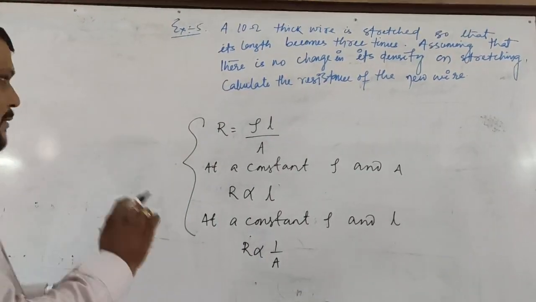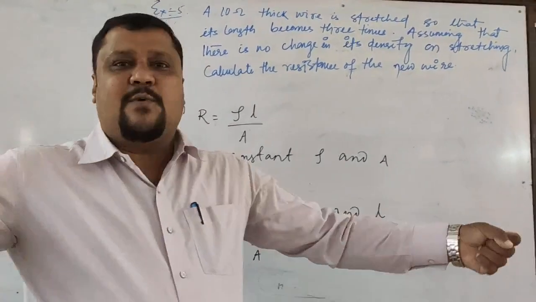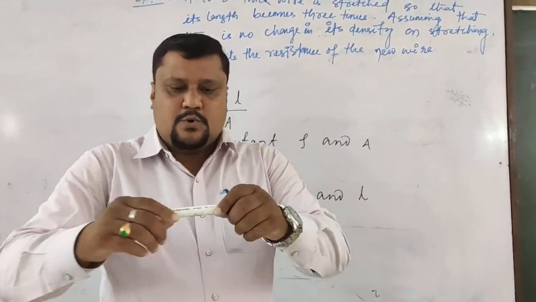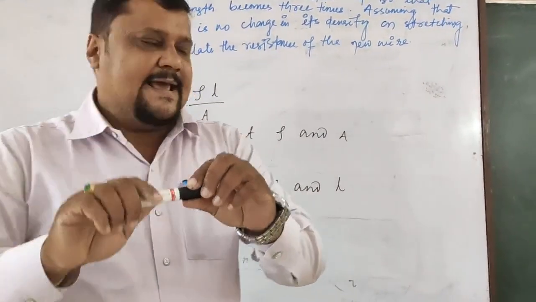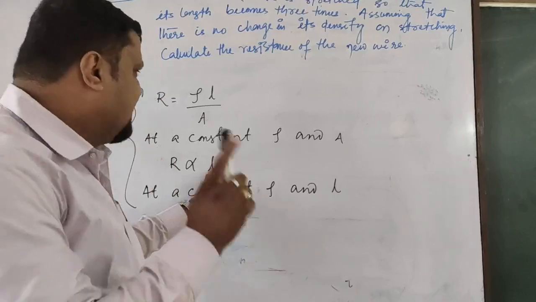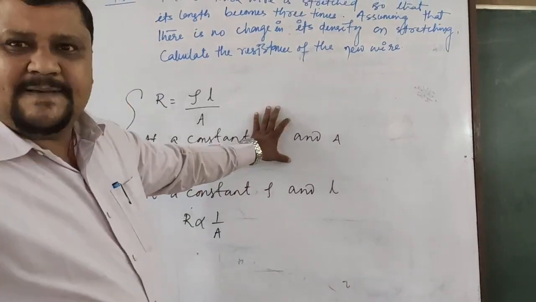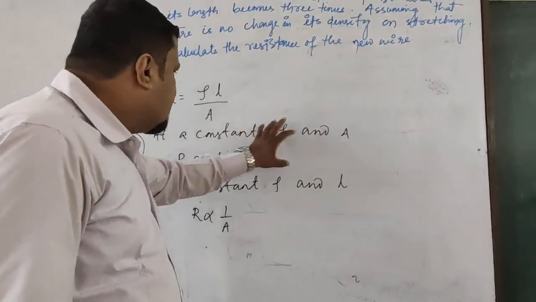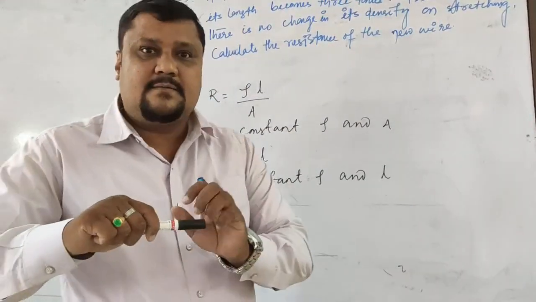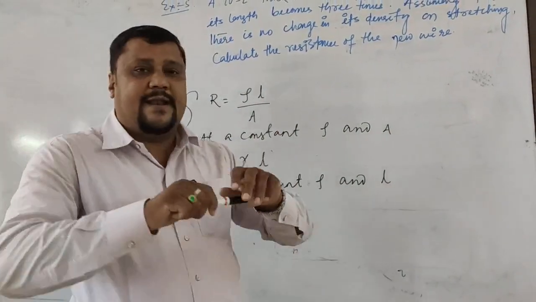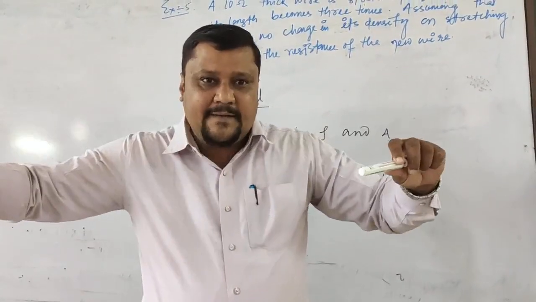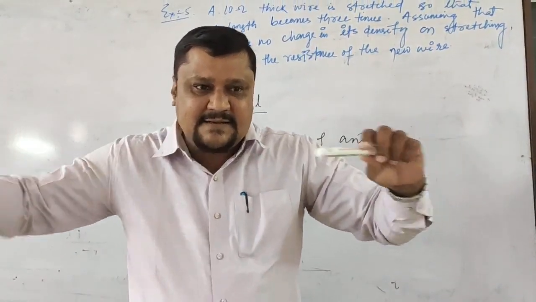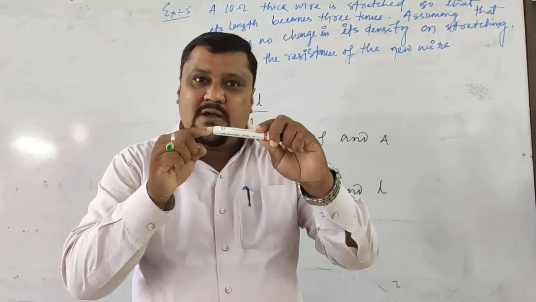But remember one thing: specific resistance is always constant for a conductor, but at a constant area of cross section, R is proportional to L. While stretching the wire, the length is increasing, which means the area of cross section also changes.